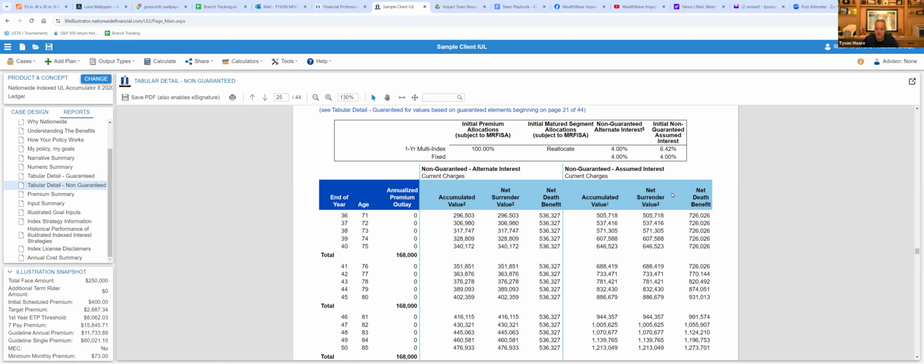Number two, this is a source of income where the principal is absolutely guaranteed, which makes it very predictable. If we know we can't lose money and we know what the internal costs are, we can be pretty dialed in with the income stream we take out of it and really have a nice income supplement to their retirement.